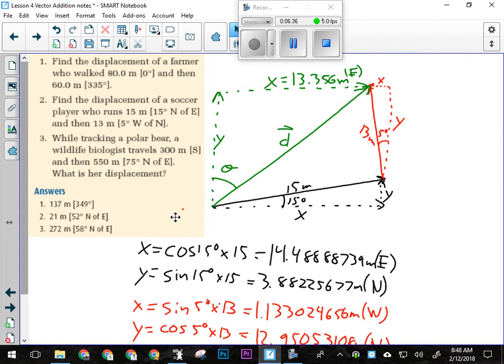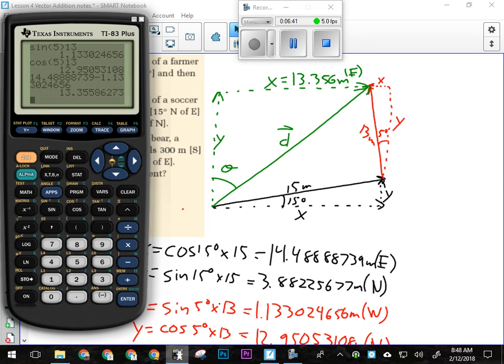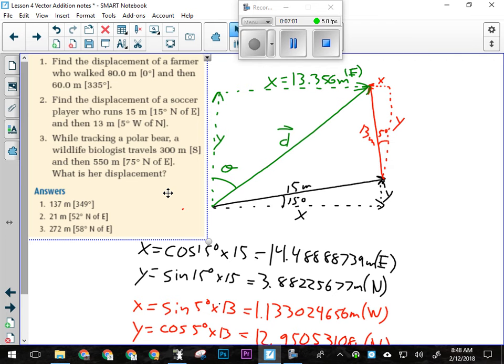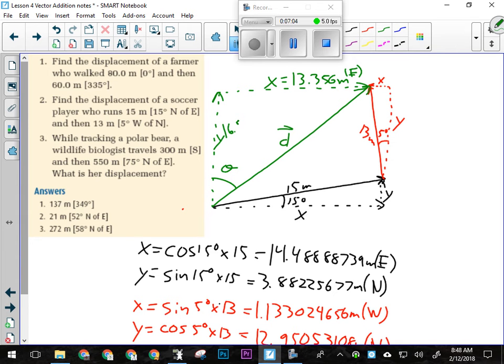All right, both y's are north, so I'm going to add them together. I don't have to worry about one of them being negative. So we'll have our 3.88225677 plus 12.9505108. Okay, so we've got 16.8328 meters, and that's north. Okay, so now I've got the two sides of my resultant's triangle.